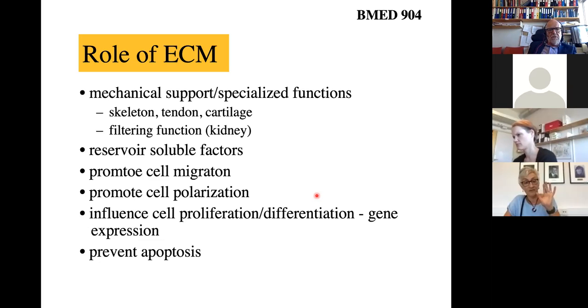It is a reservoir for soluble factors. It promotes cell migration, promotes cell polarization, affects differentiation, prevents apoptosis, and, what we will talk about in the next lecture, it binds to receptors to generate signals that are important for many things. With that, I stop. Thank you.